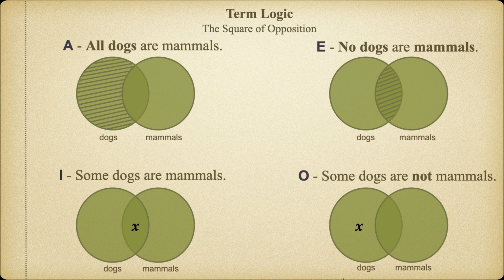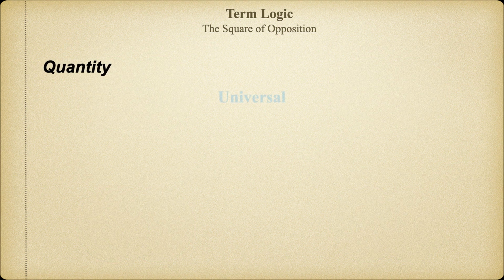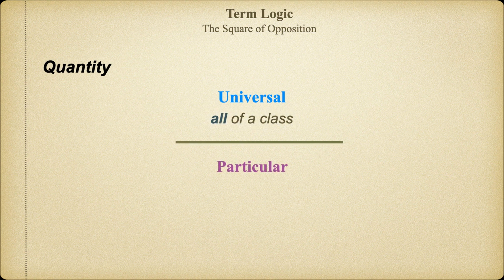Let's begin by thinking about the distinction between the quantity and the qualities of our propositions. When we think about quantity, we see that our propositions can be distinguished into universal and particular classes.